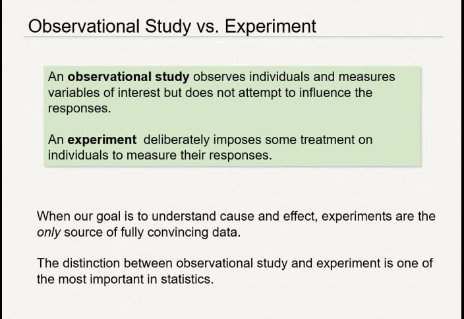You're trying to make some purposeful change in order to see if that change has an effect on the outcome. So definitely with an experiment, it is a cause and effect activity. You're trying to see, if I do this, what will happen? And that's the biggest distinction, and it is a huge distinction.